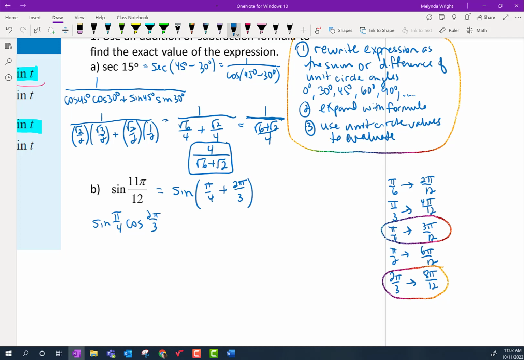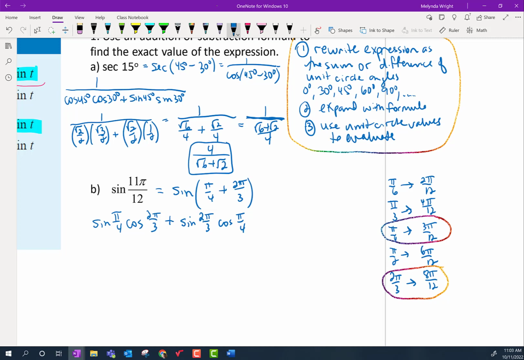What's sine going to do? Sine's going to add because sine is the nice one. When we ask sine to add, sine adds. And now they're going to reverse. And now it's going to be sine of the second angle and cosine of the first angle. Okay, so that's our formula. That's our step number 2. We just expanded. Okay, is everybody okay?